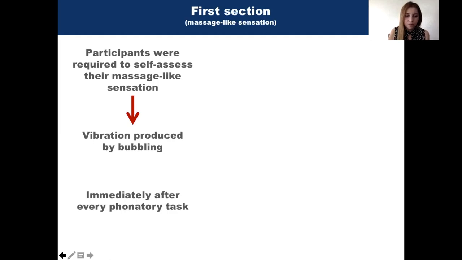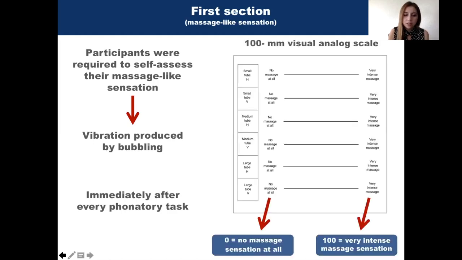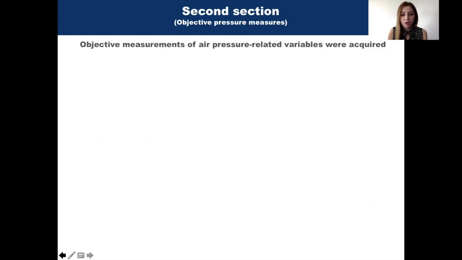Self-assessment was performed using a 100 mm visual analog scale, with 0 equal to no massage sensation at all, and 100 equal to very intense massage sensation. The degree of massage-like sensation during bubbling was the only dependent variable in the first section of the experimental procedures.